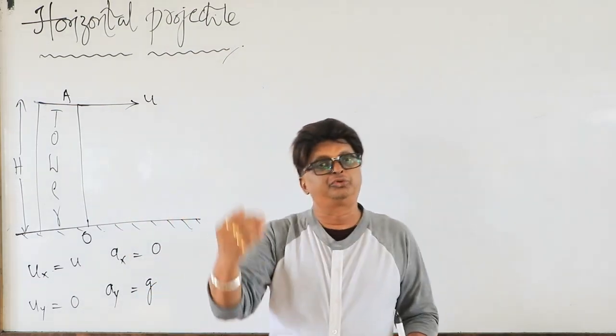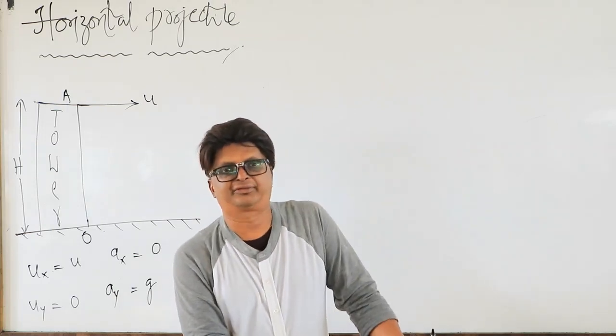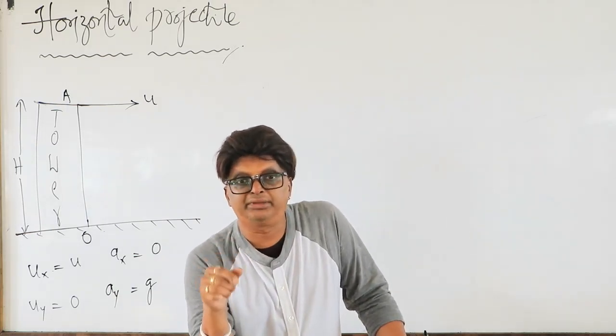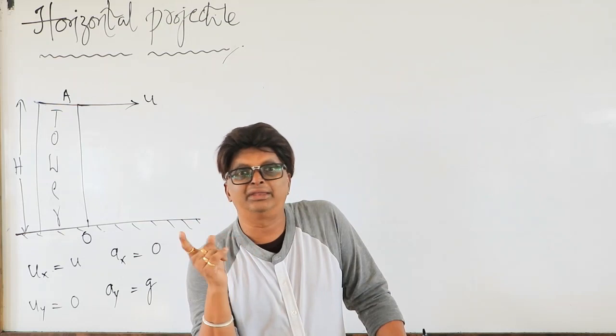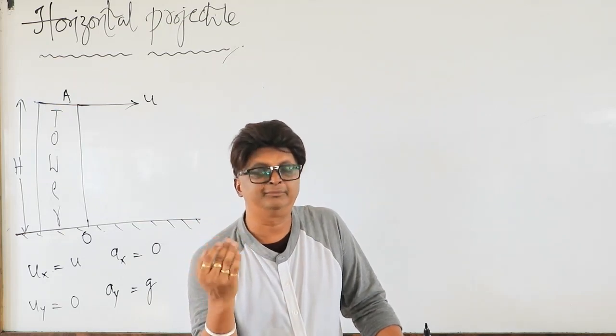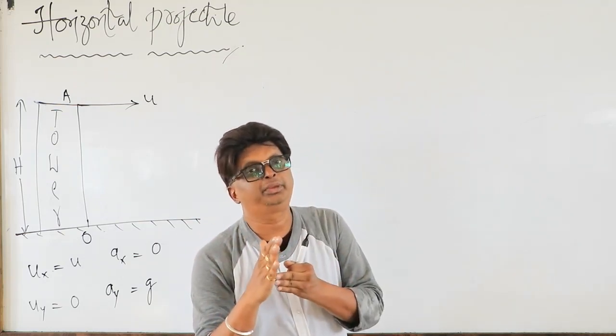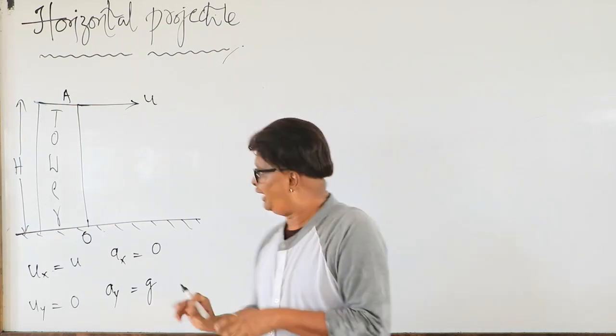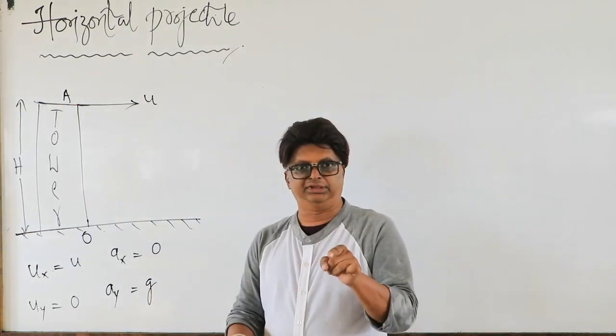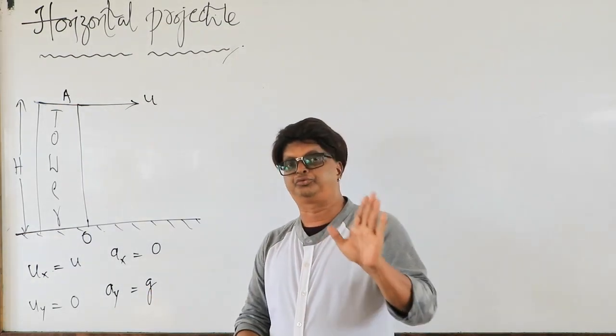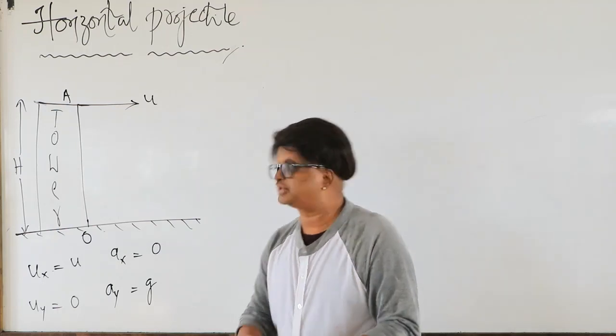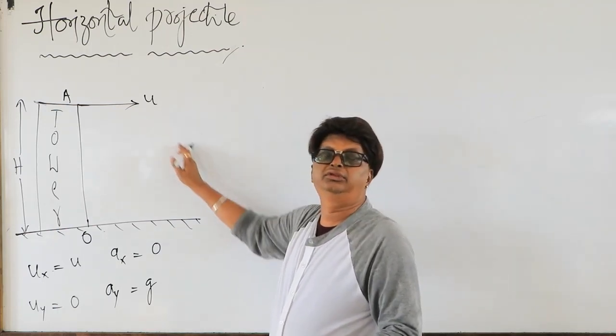But when we do some specific examples, there I will use minus j for the downward direction and plus j for the upward direction. That and this should not be confused. Here I am taking plus g not with respect to direction, but with respect to the increasing velocity.